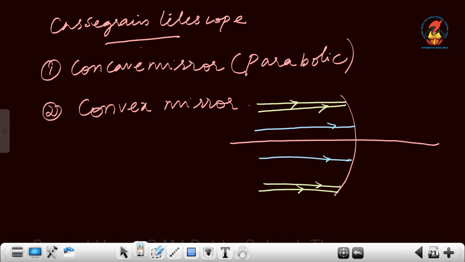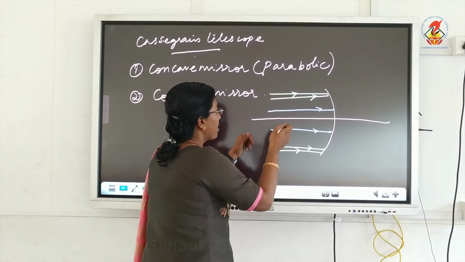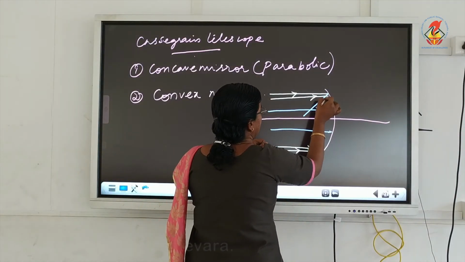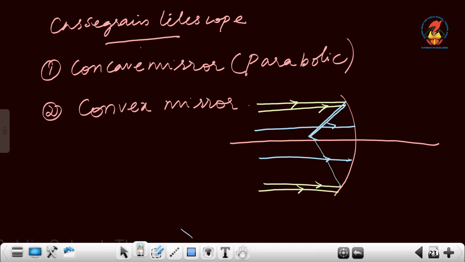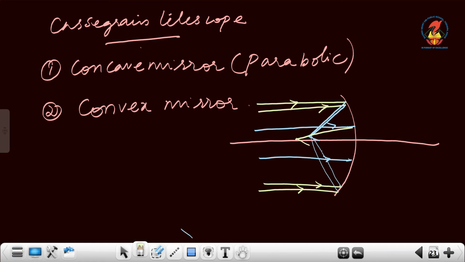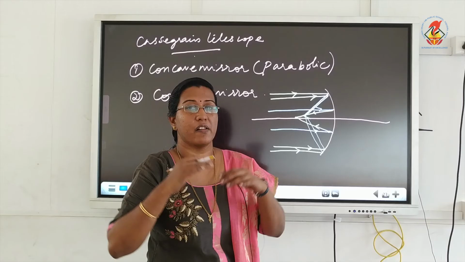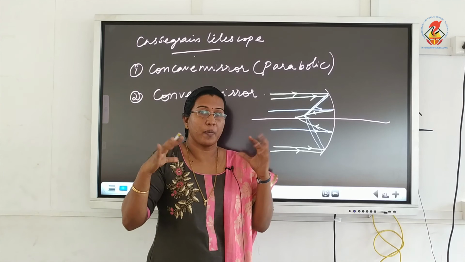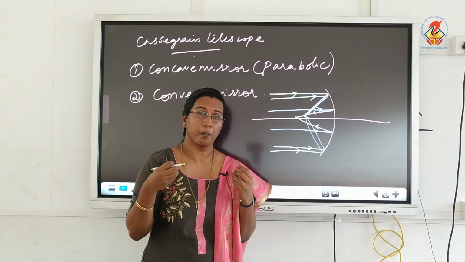Now if the mirror has a larger aperture, what happens is that the marginal rays will meet at one point after reflection, and the paraxial rays will meet at a separate point, which means after reflection all the rays, instead of meeting at the focus, will be meeting at different points. So you won't get a clear image, you will get a blurred image.